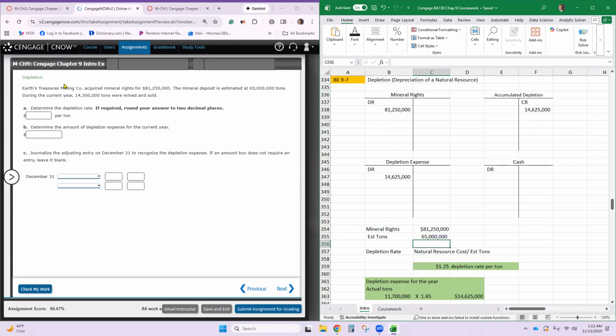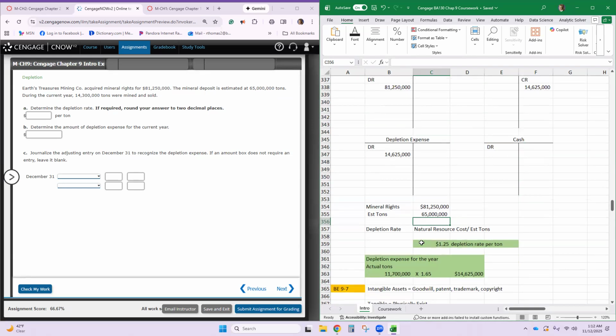Depletion is just another word for expense. It's expensing a natural resource. Determine the depletion rate. Just like we found the rate in units of activity, the depletion rate is the dollars for the mineral rights divided by the number of tons. So the depletion per ton is $1.25.